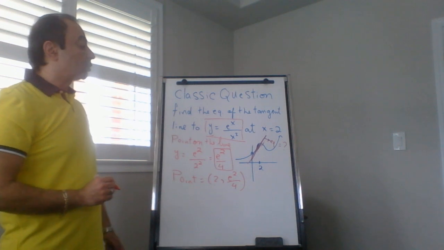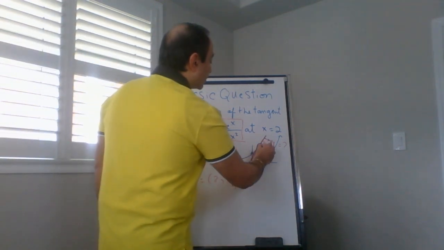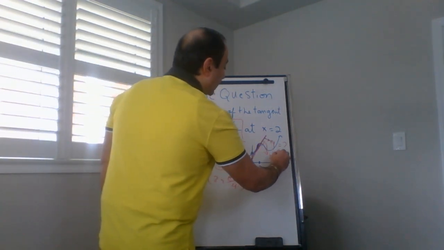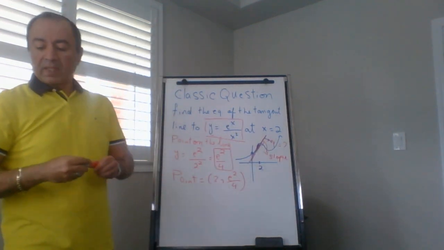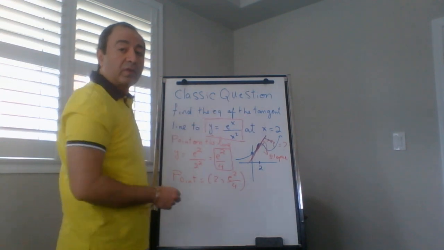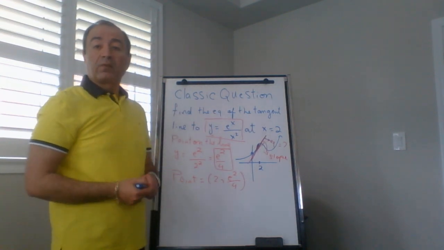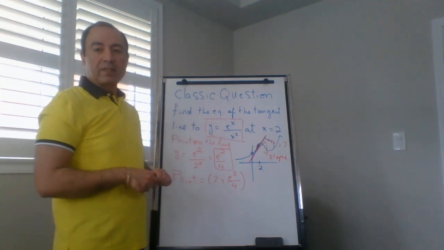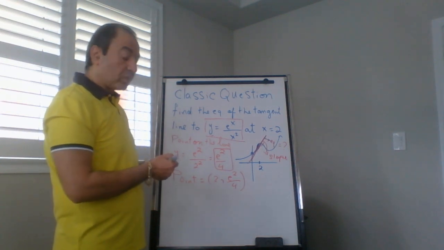The other thing we need to find is the slope of this line. In grade 9 we used to find 2 points and find the rise over the run. In grade 12 we call it a fancy name, which is, yes, I can hear it from you, derivative.